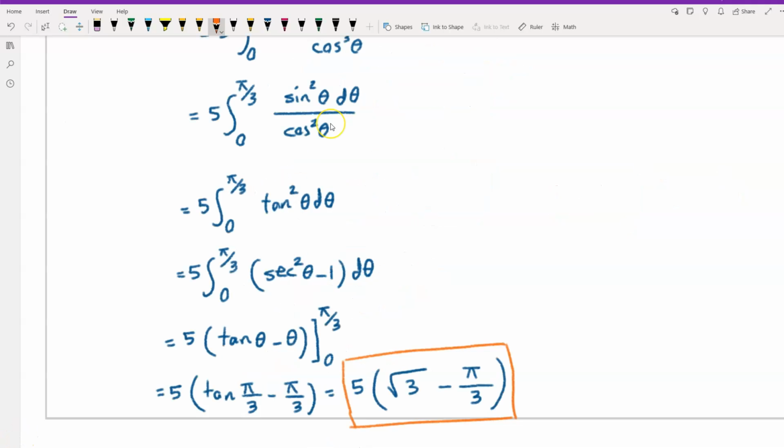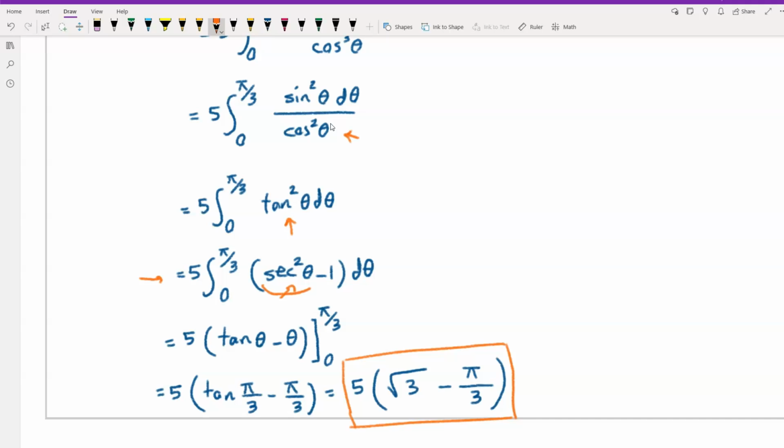So here we have sine squared divided by cosine squared, which is equal to tangent squared. Instead of tangent squared I can use secant squared minus 1. So here we have 5 times the integral from 0 to pi over 3 of secant squared minus 1 times d theta. So integrate this part.